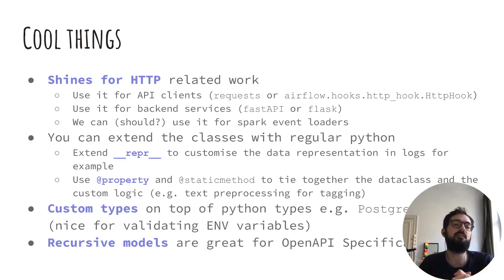But just as a very simple outline, the first thing that I wanted to say is that pydantic really shines for HTTP related work. When you have to deal with data on the web, for example API clients, like we are going to build, or if you want to build a backend service, like we would do with a library like Flask or FastAPI, like I'm doing for example for the tagging, or when we parse events like we do in Spark workers.